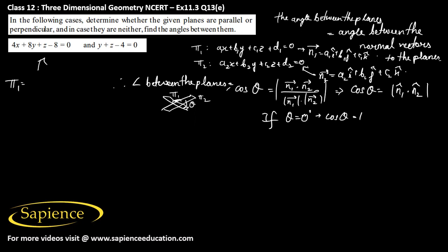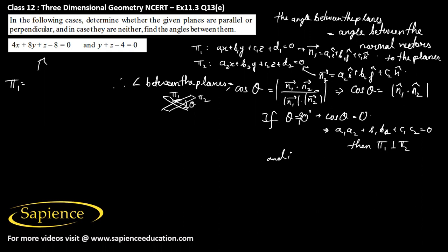One can say that if theta is 90 degree, then cos theta will be 0. It means that then we will get a1 a2 plus b1 b2 plus c1 c2 that is equal to 0. Then we will tell the plane pi1 will be perpendicular to pi2.